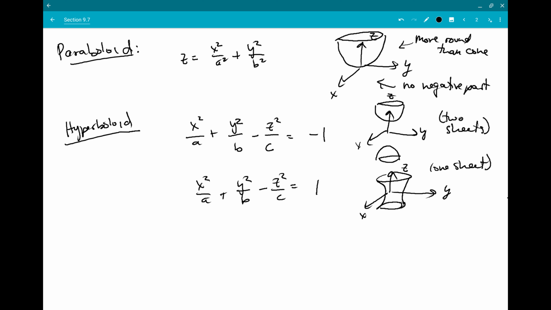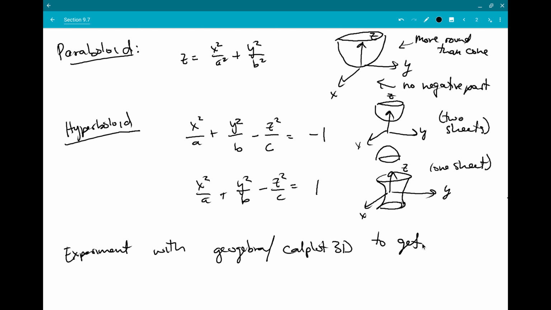So this section in particular, I'm going to say that you should experiment with GeoGebra or CalPlot 3D, as I linked to you in class resources, to get a better intuition for these shapes.